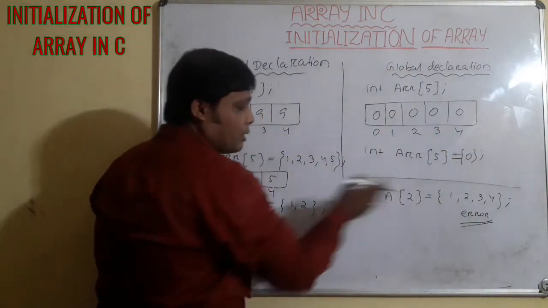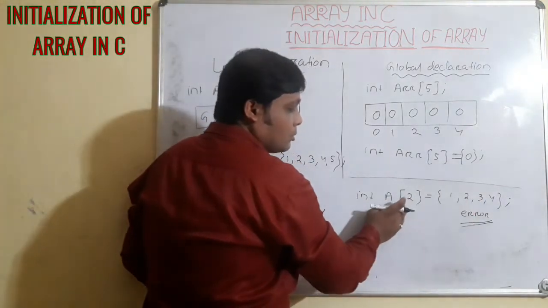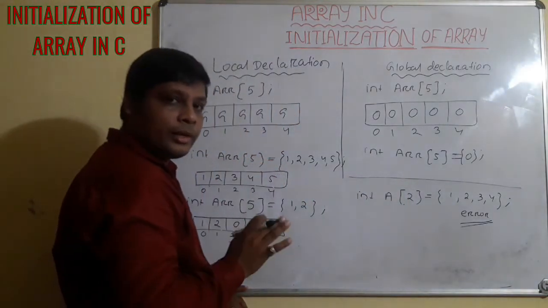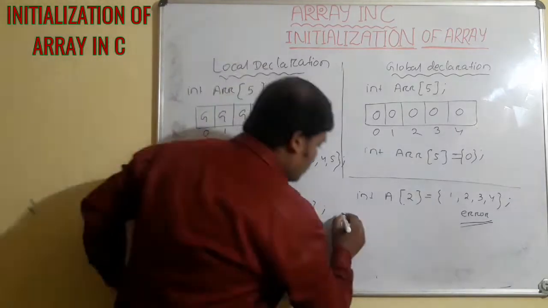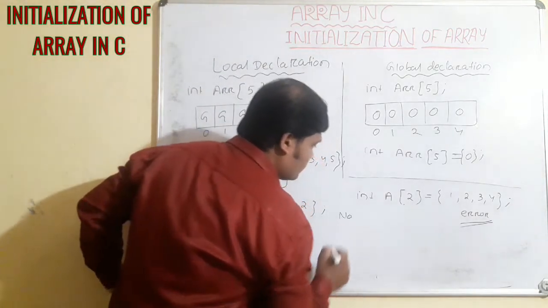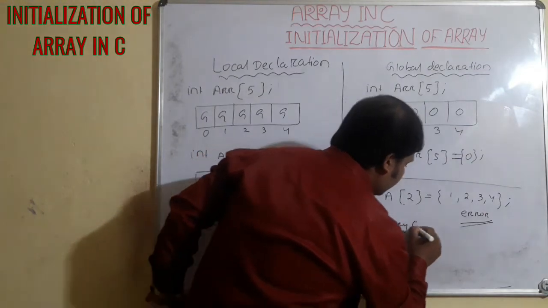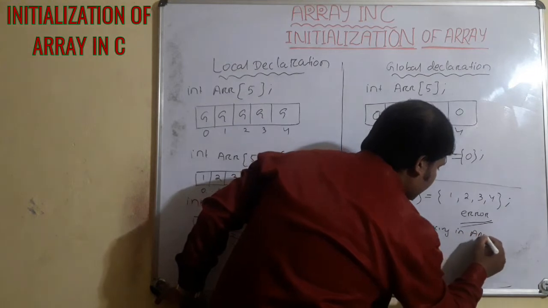This is a compile time error. We cannot initialize more values than the declared size of 2. Clear? And just remember, there is no boundary checking in array.